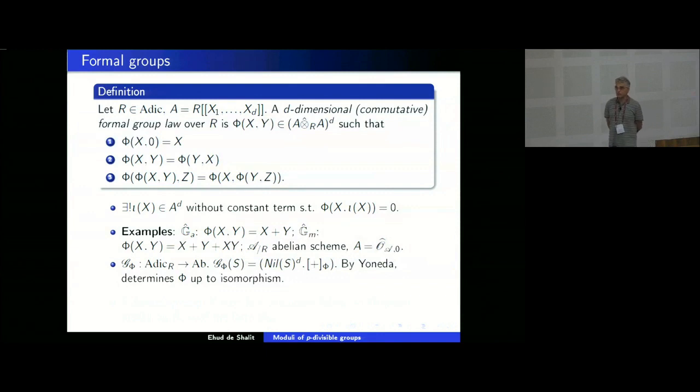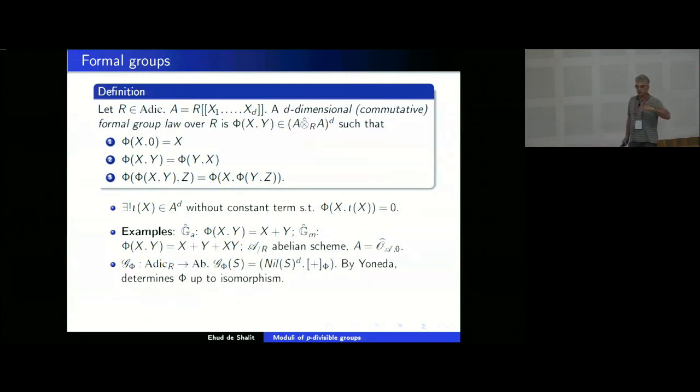Now, anytime you have such a formal group law phi, it gives you a functor that I will denote script G. Script will be for formal groups, and non-script will be for p-divisible groups in this series of lectures. Script G phi is a functor from adic rings over R. R itself was adic, and adic over R is the category of adic rings with a continuous morphism to R. Okay?